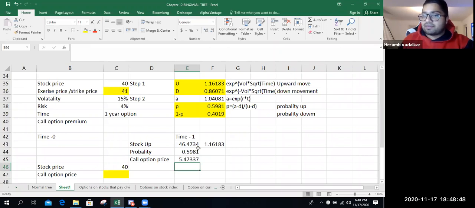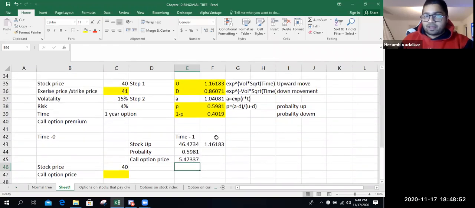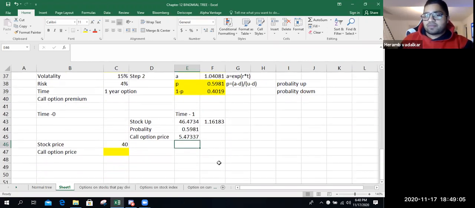So call option will have some profit. It will have a price of 5.47 because the contract is closing, it is expiring. If the expiry happens above the strike price, call option makes money. So that's why it is positive and it is 5.47.